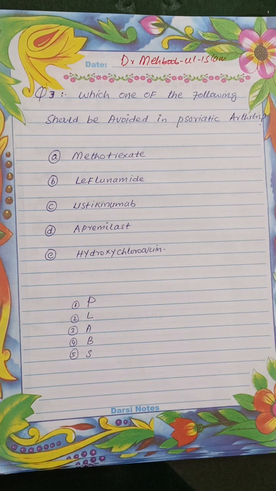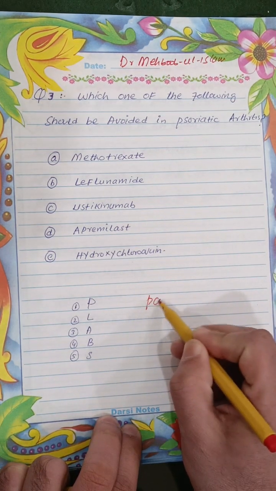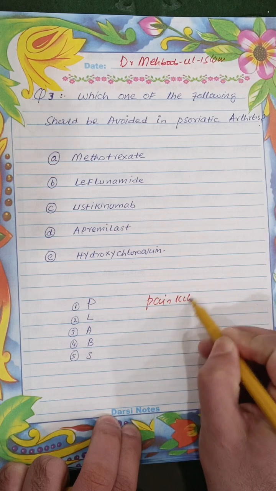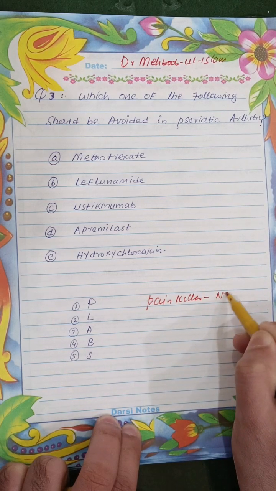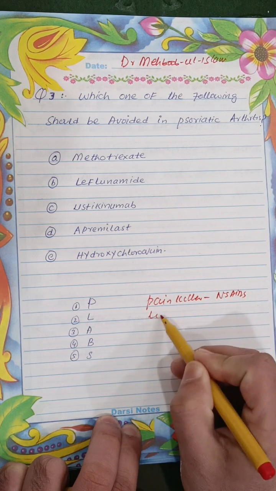The drugs which should be avoided in psoriatic arthritis can be remembered by the mnemonic PLEBS. P means painkillers, like NSAIDs. L means lithium.